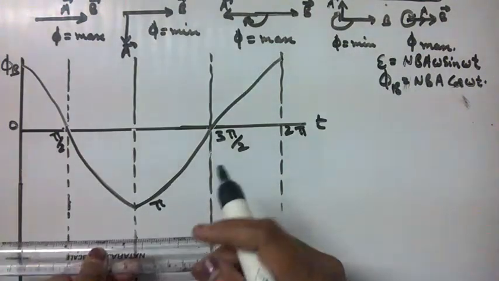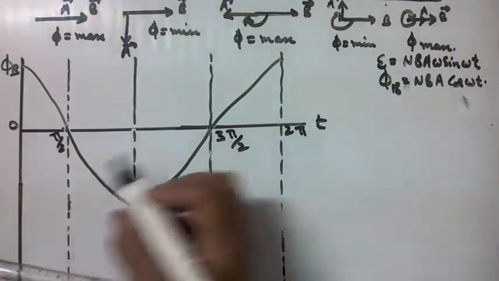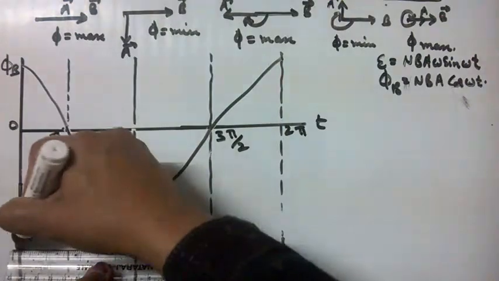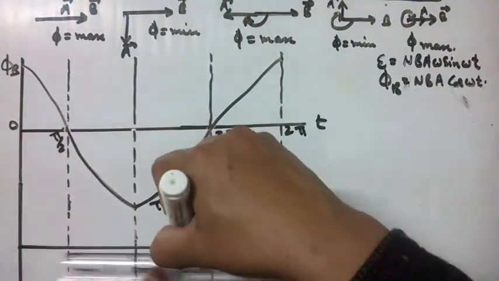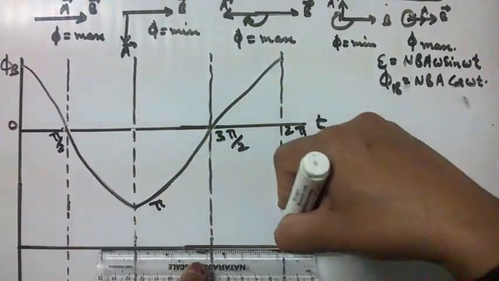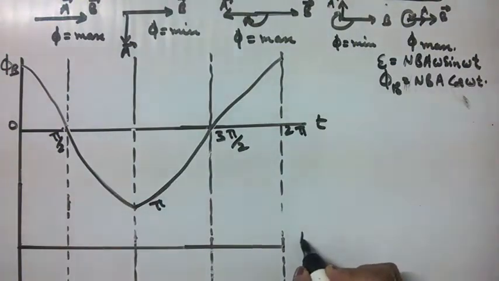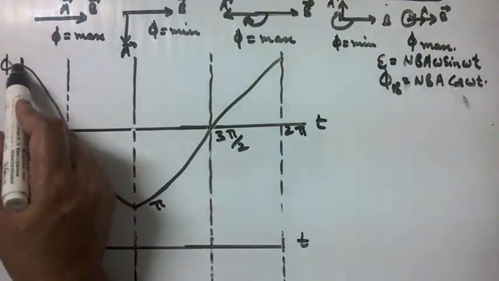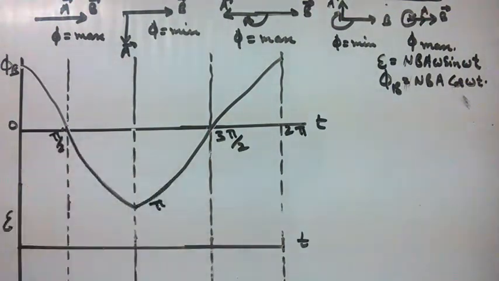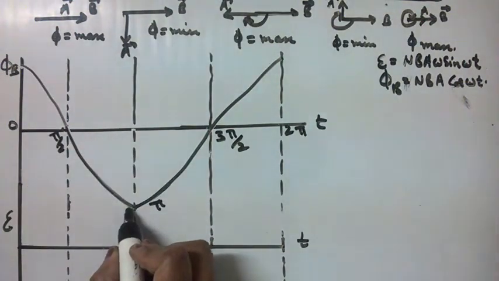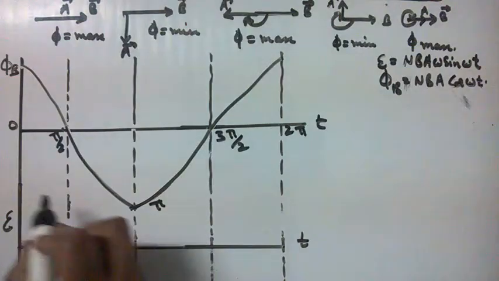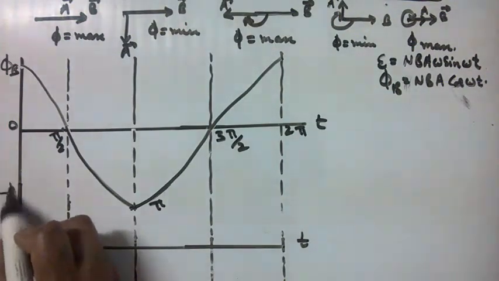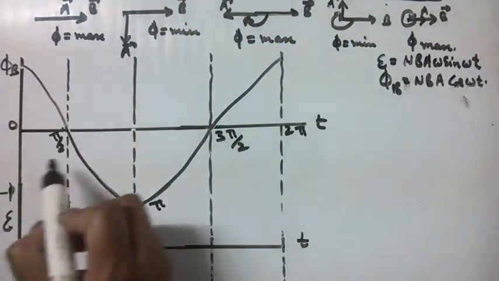Here also we can draw the graph of induced EMF with time, which is a sine curve. Maximum flux, minimum flux, here again maximum in opposite direction, that is minus phi. This is plus phi.